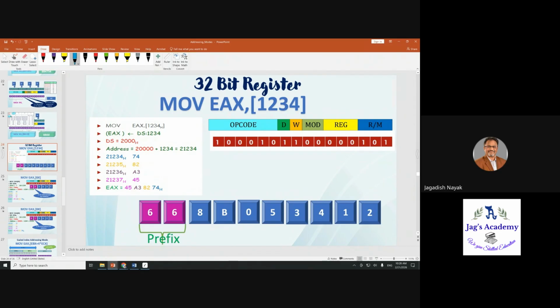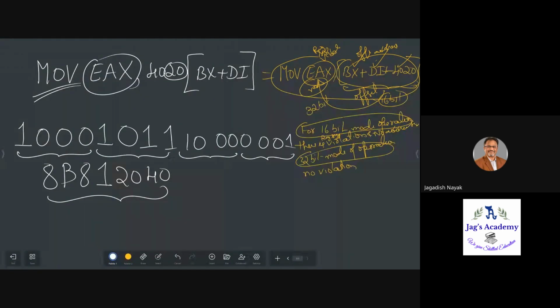The prefix for register violation is 66. So what you have to put in the front now? 66. This 66 is for the register size violation, because we are using 16-bit mode of operation. We already said here you have to use 16-bit mode of operation.